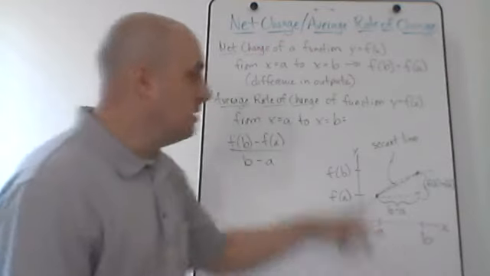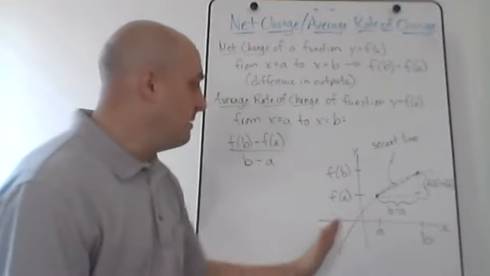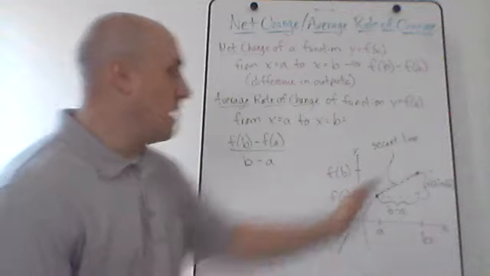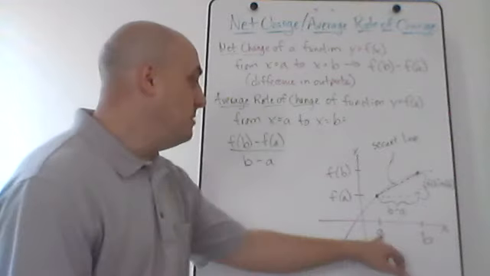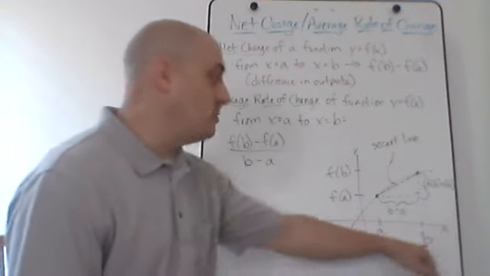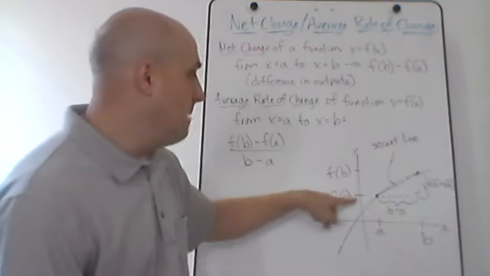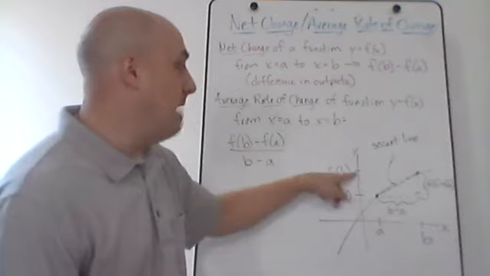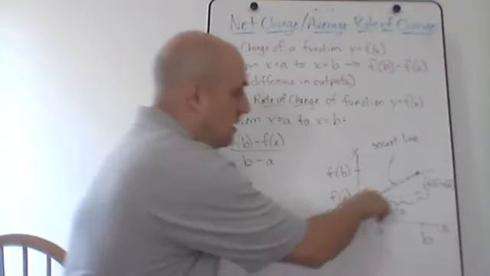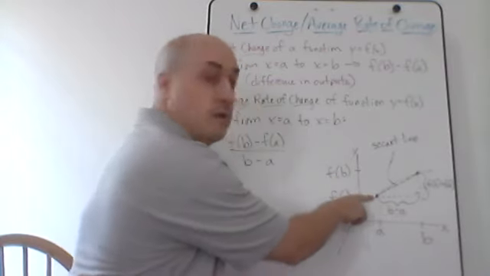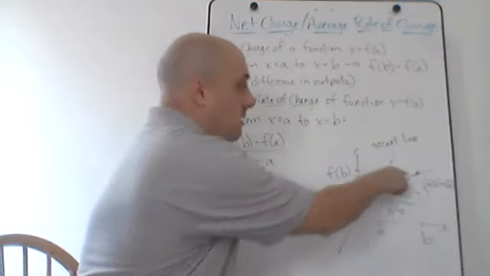I drew a little example over here. We have the function here in that purple curve that's going up, and I have two x values, from x equals a to x equals b. The net change of the function is from f of a up to f of b. This f of a is the y coordinate of this point, and f of b is the y coordinate at this point here.